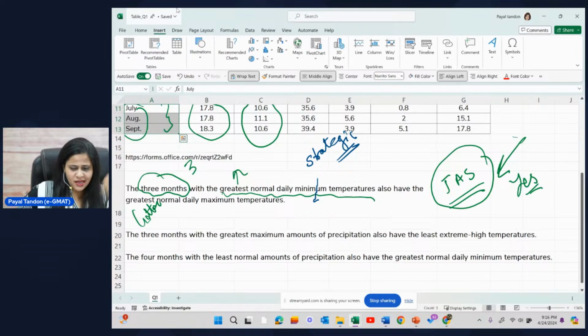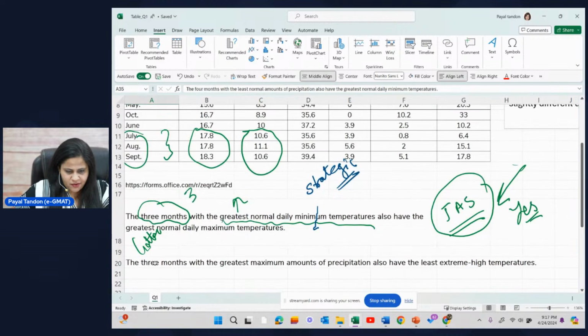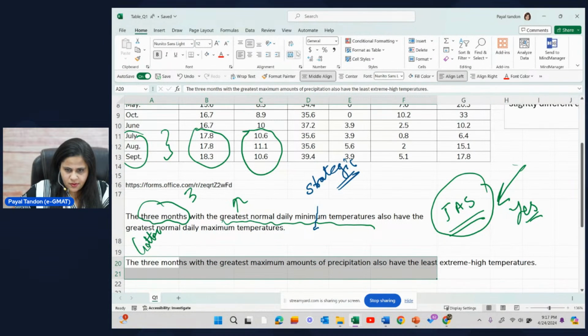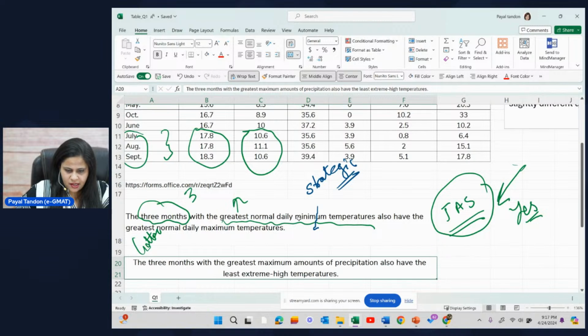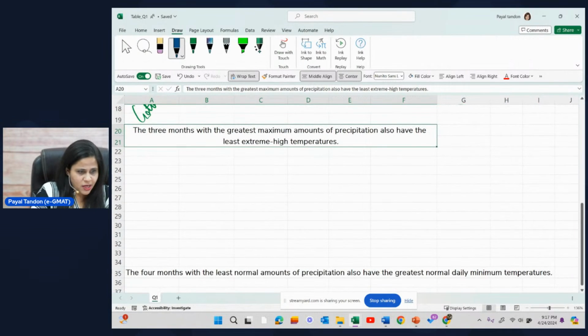Okay, let's look at statement 2 here now. Let me just get this a little bit down so that we can focus more on this. The 3 months, so now again, I am down to 3 months with greatest. So I read greatest, which means this will be at the bottom when I sort it, okay?